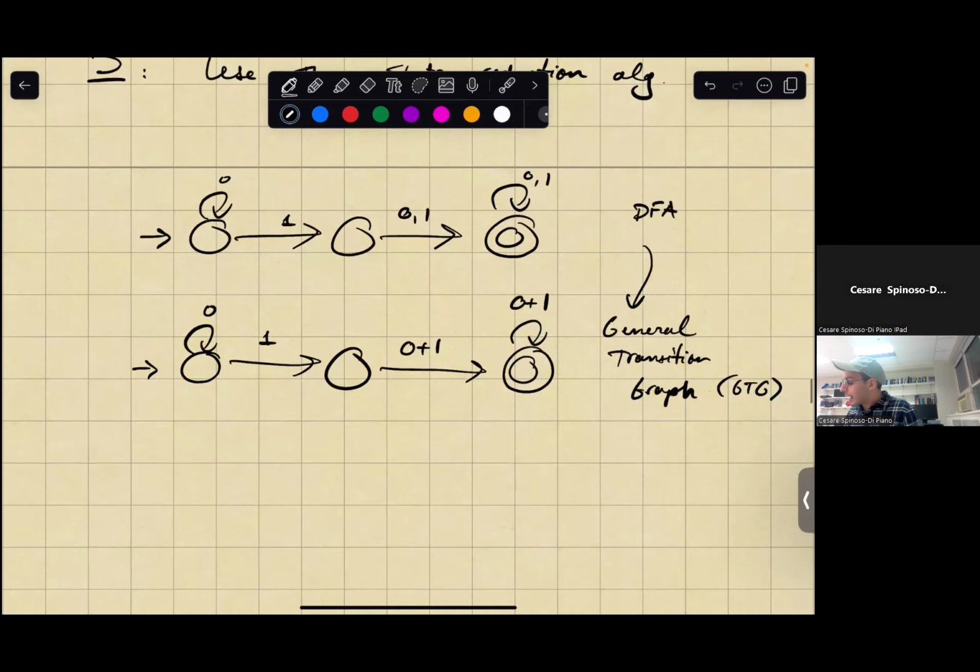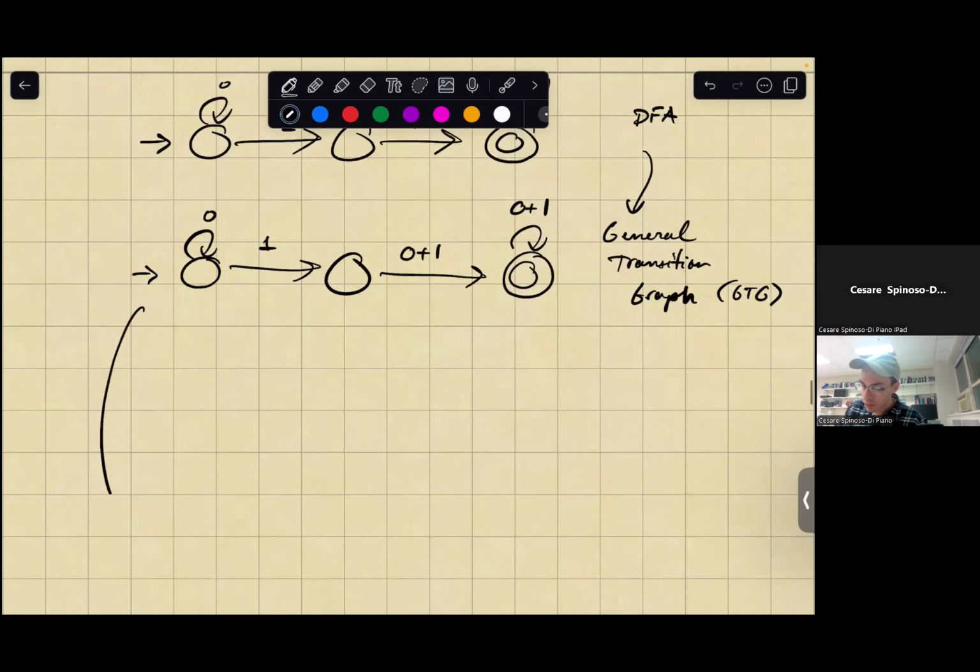Okay. And now the state elimination algorithm, the goal is to get to a GTG, a general transition graph, that has the start state, and then a single outgoing edge with some label R that goes to a single accept state.